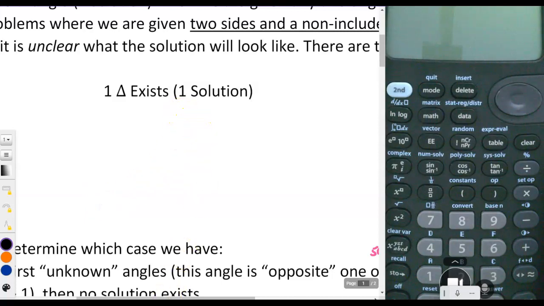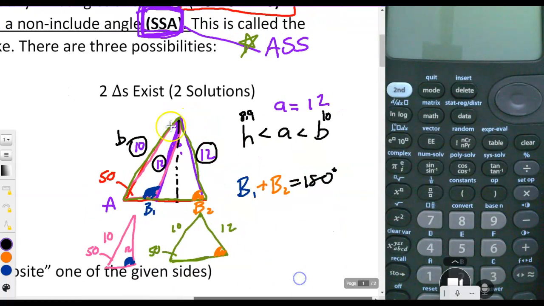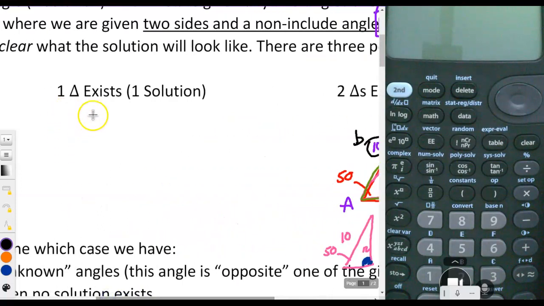Now, for side-side-angle, it's possible to get one solution just like all the others, okay? And that's the case where this value of A that we're looking at turns out to be the same as H, right? So if the actual leg turns out to be the height of the triangle, then there's one solution. So that's one possibility.